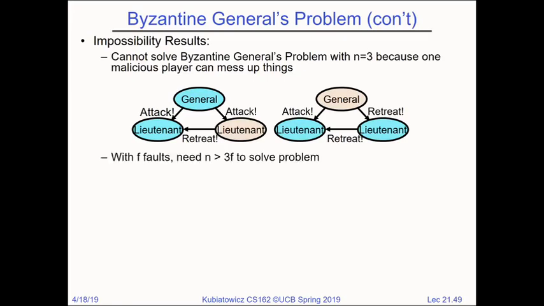And it turns out that the paper shows, because 3 is an impossibility result, that with F malicious entities, you need the total number to be greater than 3F or it won't work. Notice that this is stronger than majority. It means greater than 2/3 have to be non-malicious to make this work.